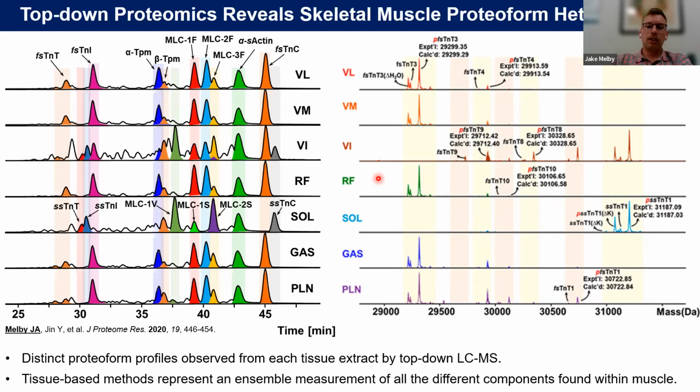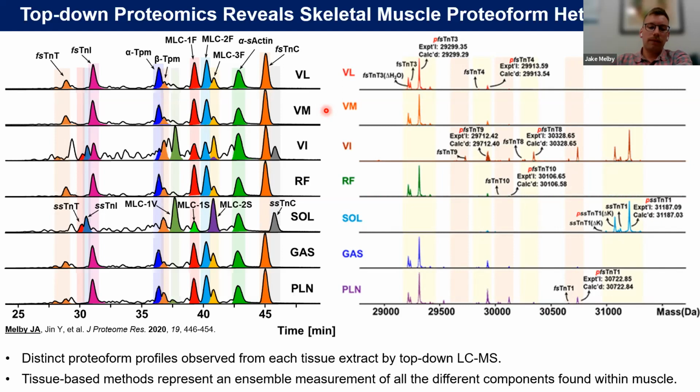So one of the difficulties is that the measurements we see in this slide are coming from a 5 to 10 milligram piece of tissue, which contains a very heterogeneous population of components inside.